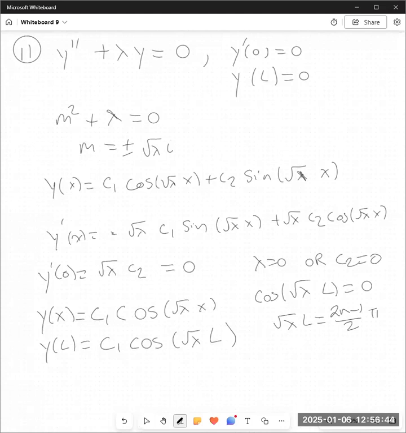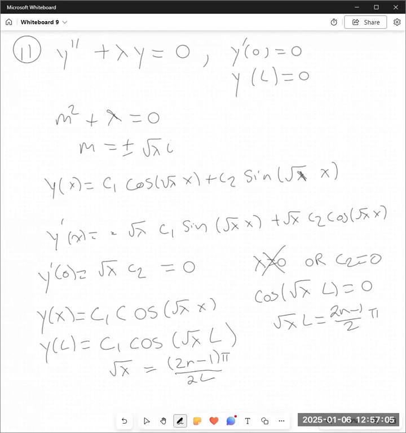And just ignore that. We don't want that. And that makes root lambda equal to (2n minus 1) pi over 2L.